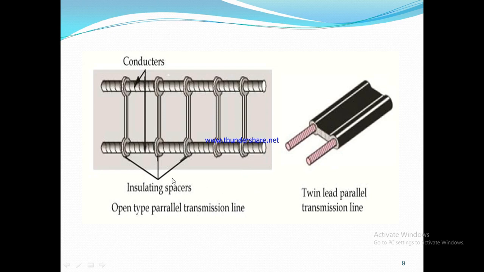Mostly these parallel transmission lines are used for power lines, telephone lines, and to connect the television receiving antenna to a home television set also.